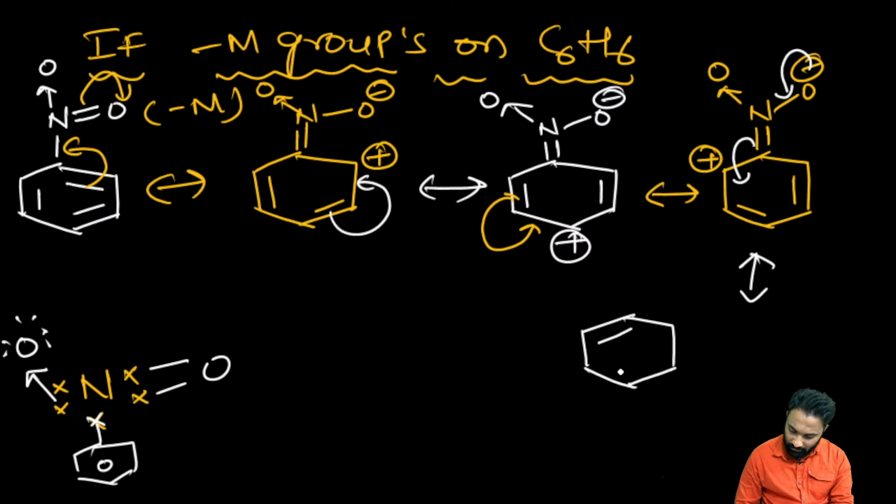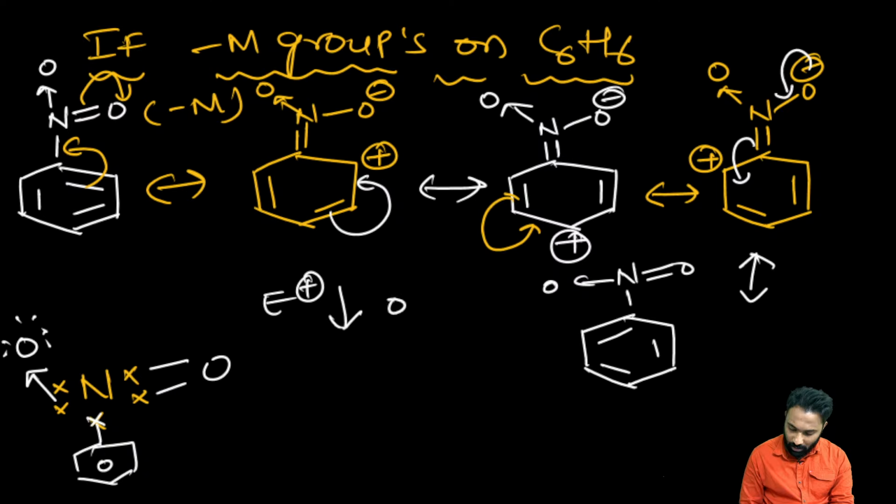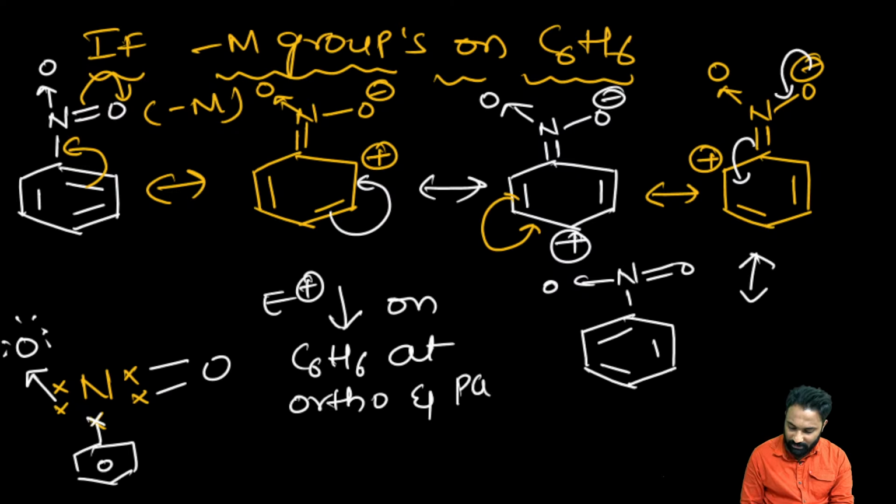Clear. Then in this manner, in which compound will the resonance happen? In nitrobenzene. In nitrobenzene, resonance will happen in this manner. Now you can see the electron density decreased on benzene at the ortho and para positions.